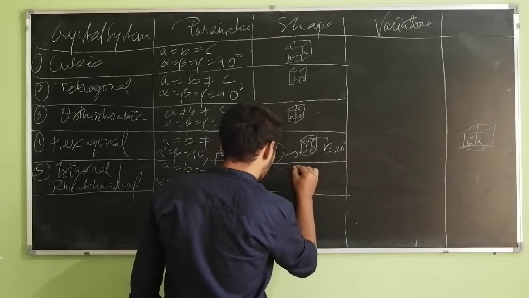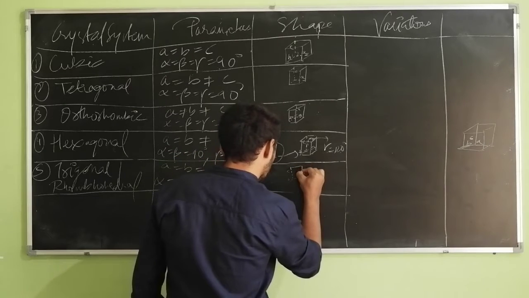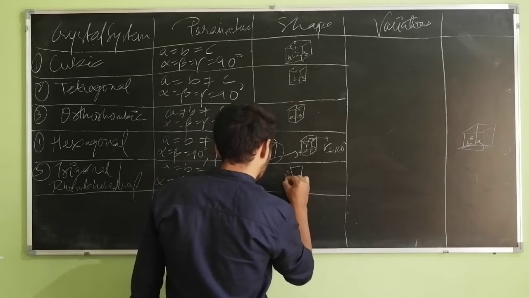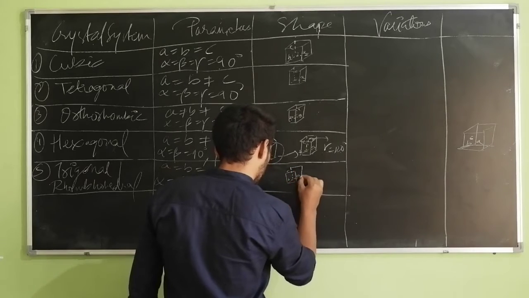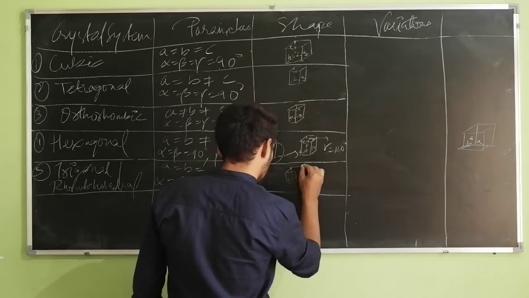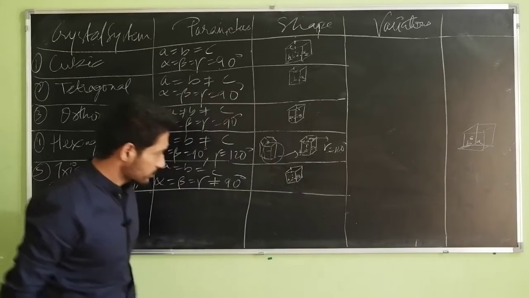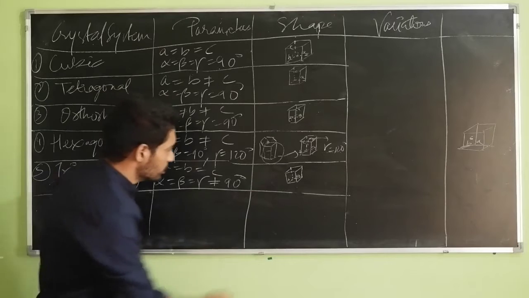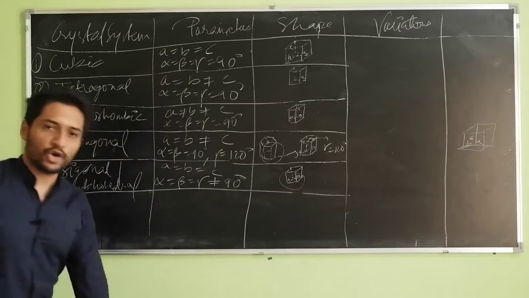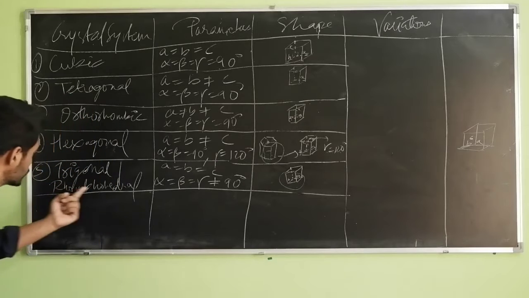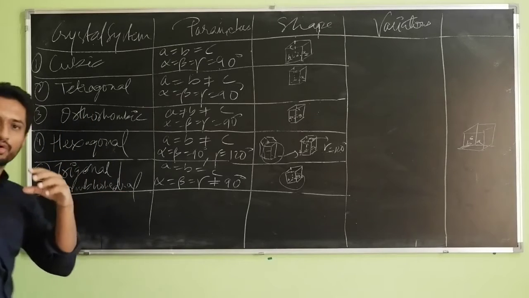Now see what I do here. Alright then. So see what I've done? So this face, if you look at it, it is a rhombus. That's why it is known as rhombohedral.